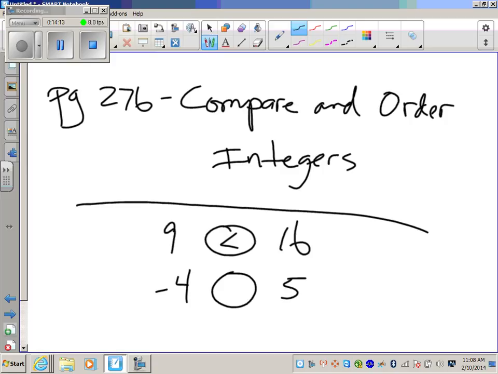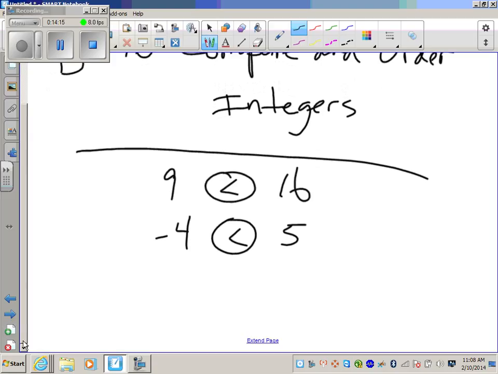So, okay. Negative 18 and negative 19. Which one is bigger? Is it 18 or is it 19? It's 18. If they're both negative, what you want to ask yourself is which one is closer to 0? The 18.